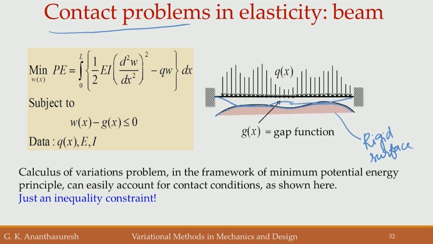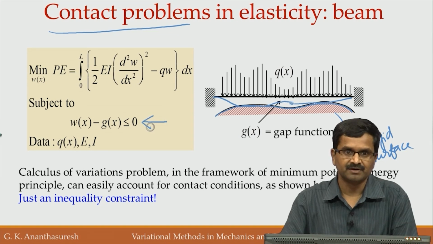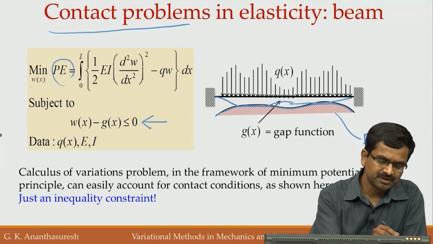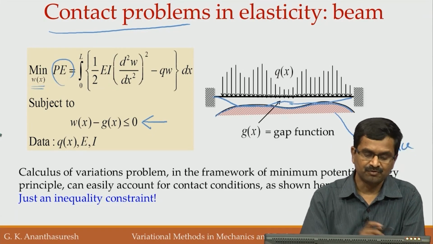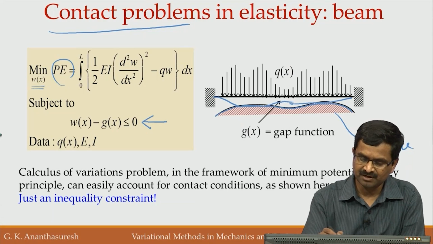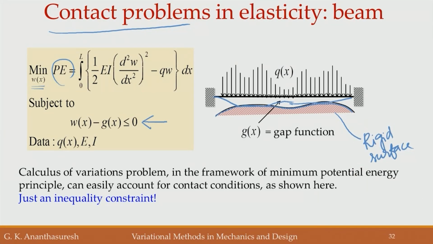Where the contact happens, you do not know a priori, so what you do is put a constraint, like in the Chatterjee's problem, where we had a constraint that the curve has to lie below the river equation. Here we are trying to minimize the potential energy with respect to W of x, but we are also including a constraint that W of x should be less than G of x. Whatever W that we take, it should be within the gap that we have, G of x.